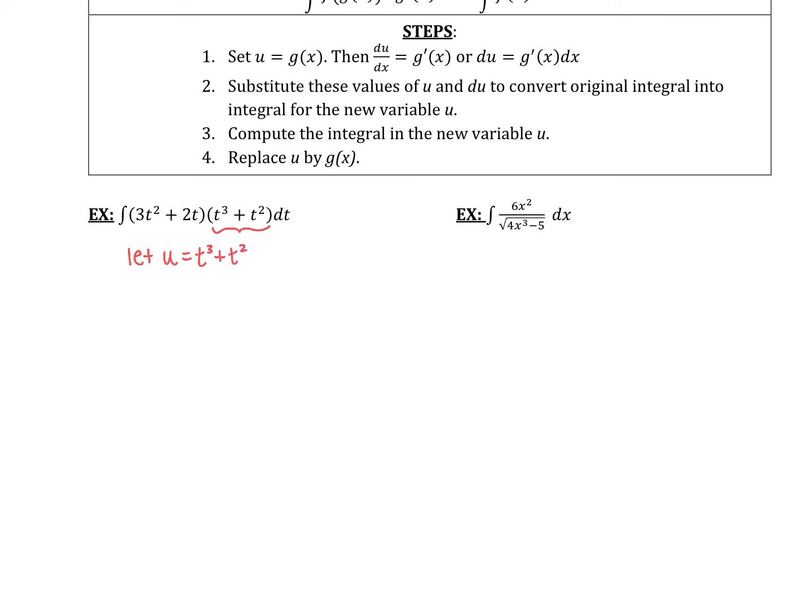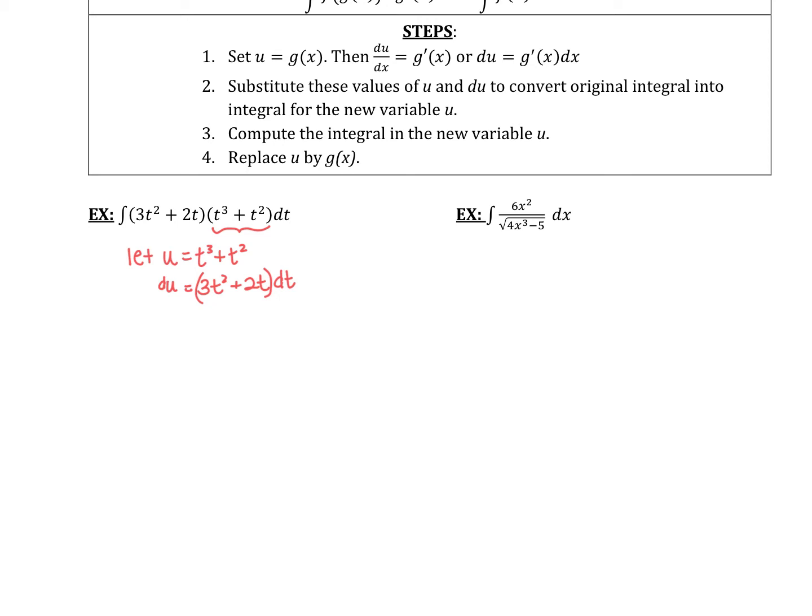And then I'm going to take the derivative of this. When I take the derivative of this, normally we would get du over dt equals 3t squared plus 2t, but I'm going to write it in this differential form where this dt is on the other side. So I have du equals 3t squared plus 2t dt.